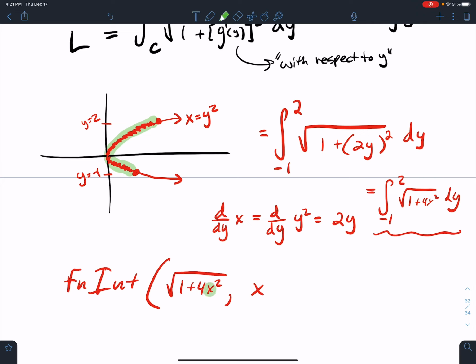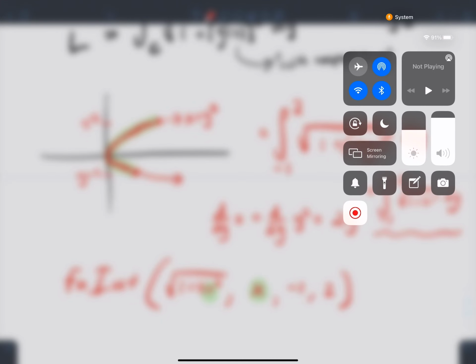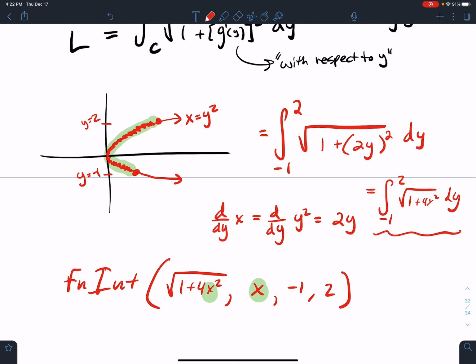Whatever letter you use there in your 84, use it in the integrand. I can't show you because I don't have it on my iPad, it only uses that free software. Then the lower bound is -1 and the upper bound is 2. Type that in and you'll get something.